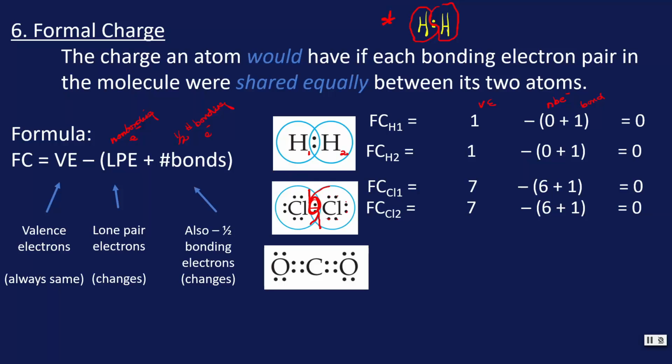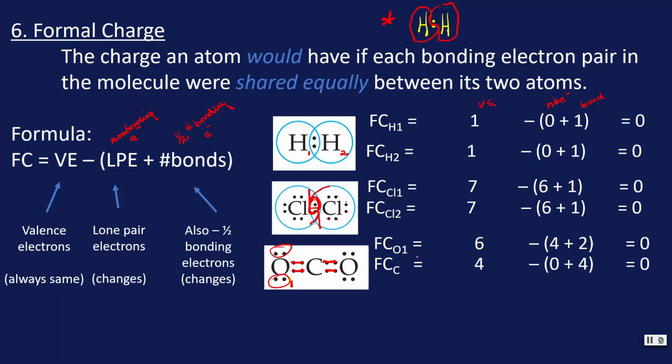Okay, let's look at something that has different elements in it. And here we have carbon dioxide. Formal charge on oxygen 1. Over here, 6 valence electrons minus 4 non-bonding electrons, this is oxygen 1, and 2 bonds, 1, 2. How about carbon?